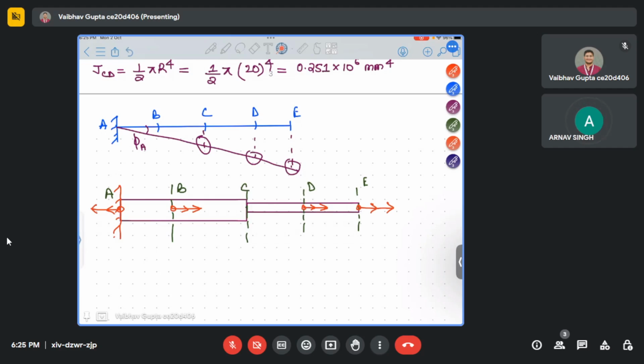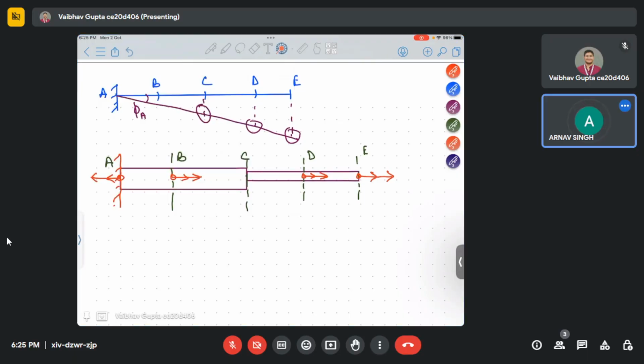So at A point, the contribution of angle of twist at each point you have to calculate. Understood? Yes, sir. Because at A point it is fixed. So if a beam will deflect like this, all will have a subsequent angle of twist because of the torque applied. So all will contribute towards the twist in angle at A point. You are getting my point?